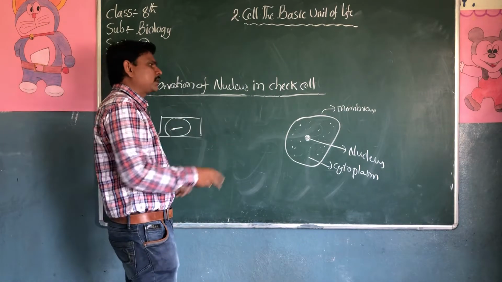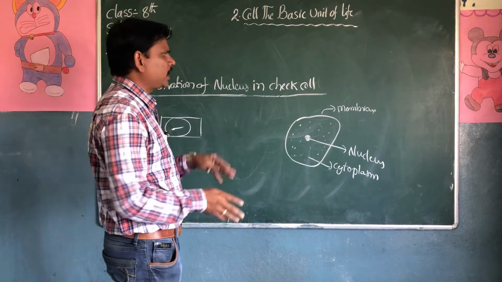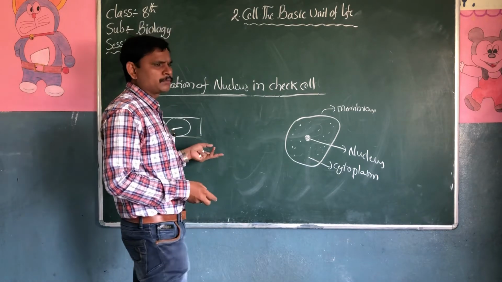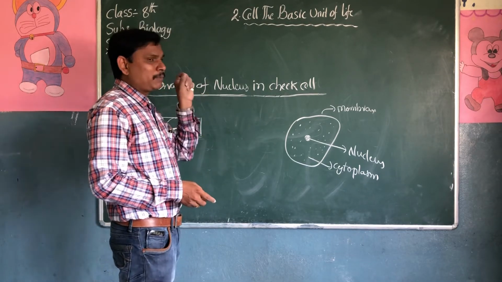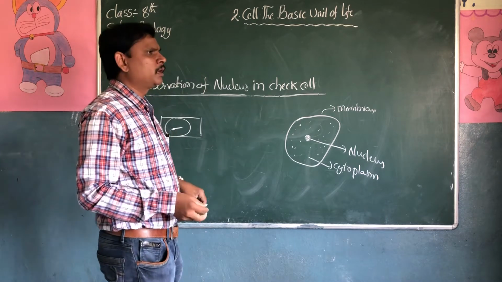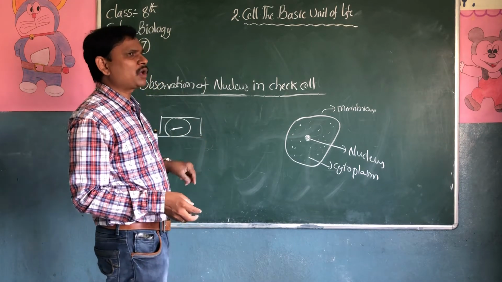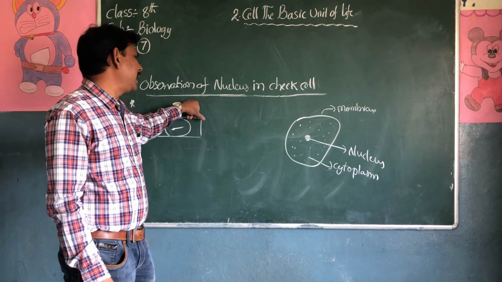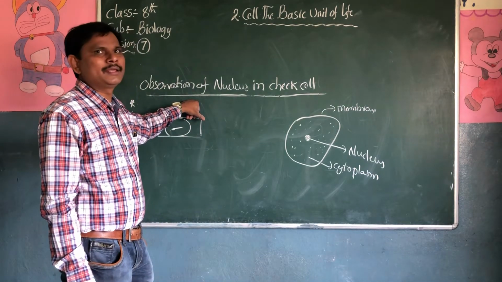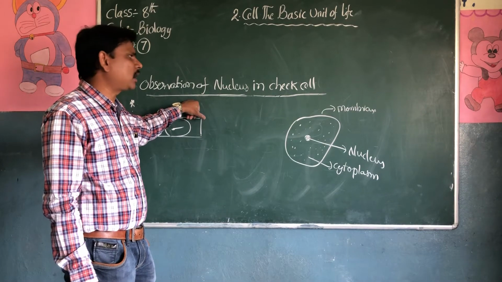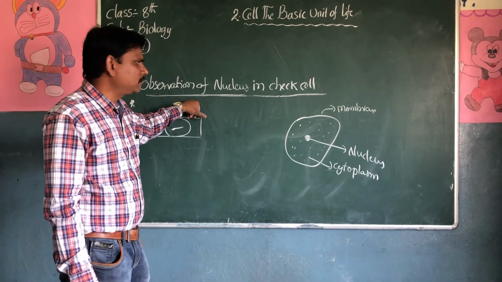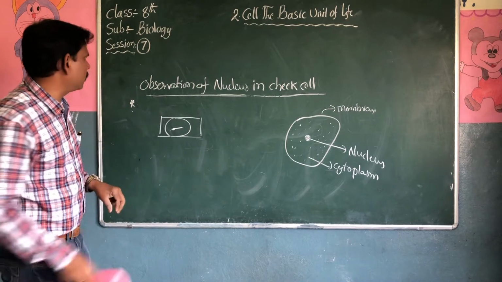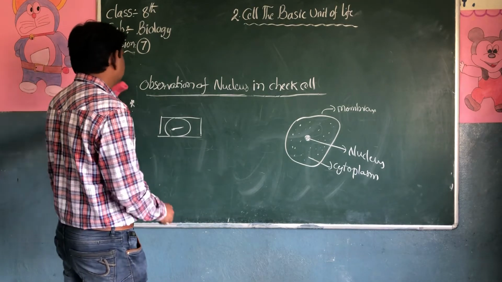The diagrams are similar with small differences, but the main difference is between the plant cell and the animal cell. In a plant cell there is an extra layer called the cell wall. But in an animal cell the cell wall is absent. So this is about observation of nucleus in cheek cell.